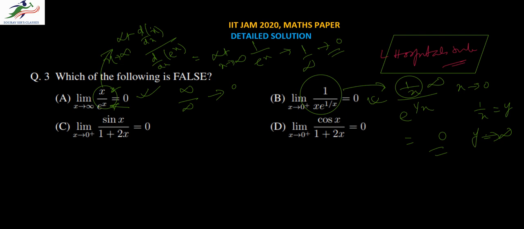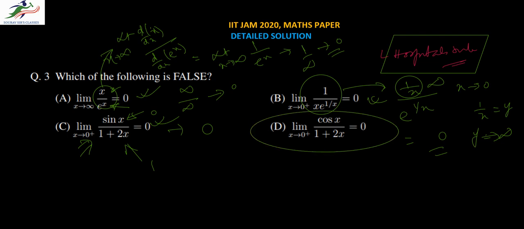The option C, very simple, because all you have to do is just put x equal to 0. So sine 0 is 0, and 1 plus 2 into 0 is 1. So there is no problem here. You get 0 straight away. Now we are left with the last option, and this is cos x over 1 plus 2x.